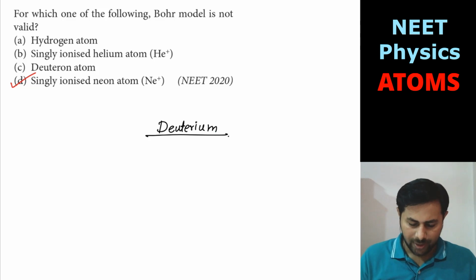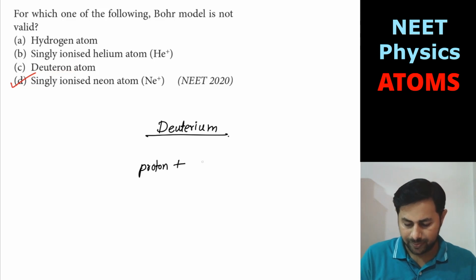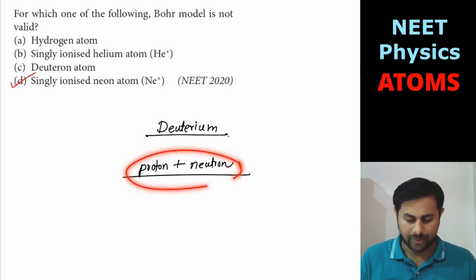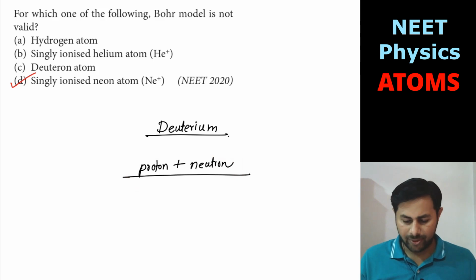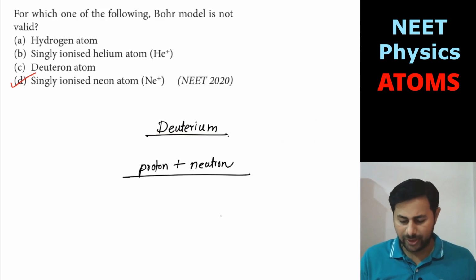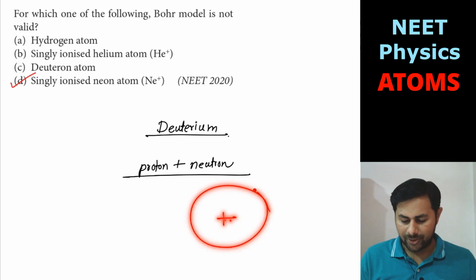What is deuteron? Deuteron is a combination of a proton and neutron. So what is there in deuterium? We have seen heavy water somewhere, D2O. That D is deuterium, meaning it is an isotope of hydrogen. In hydrogen, there is only one proton and one electron.